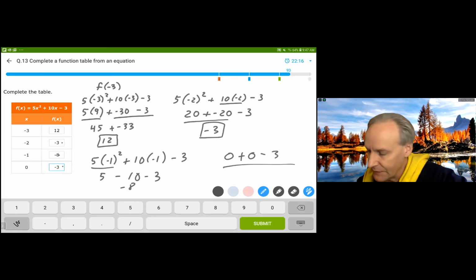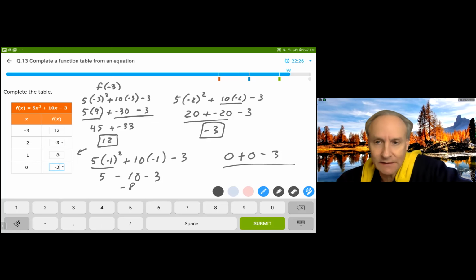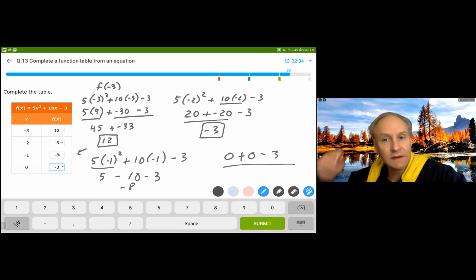Now, one of the things you may have noticed is right here, that negative 1, negative 8 looks like it's giving me some symmetry. That is most likely, and as a matter of fact, it is my vertex. And so this parabola bottoms out at negative 1, negative 8.